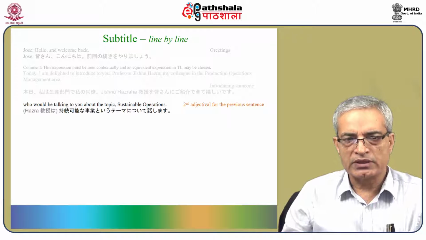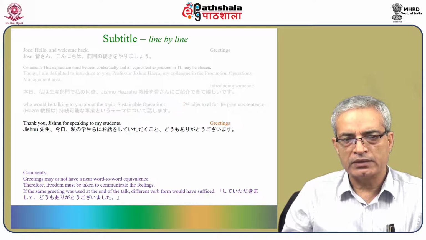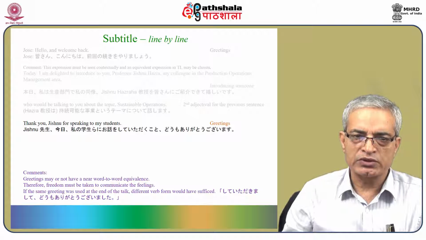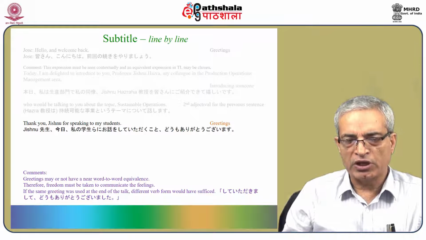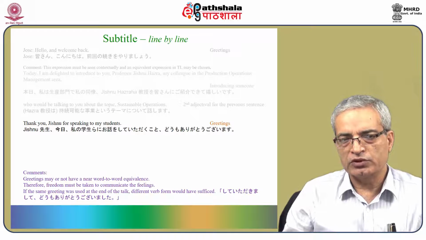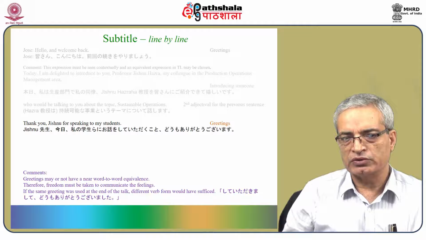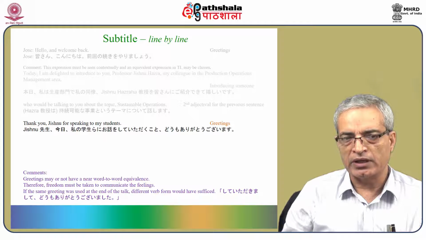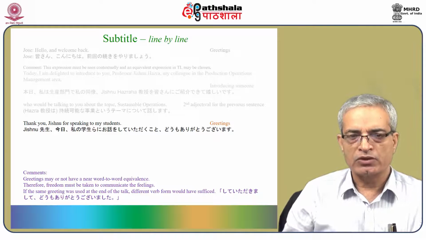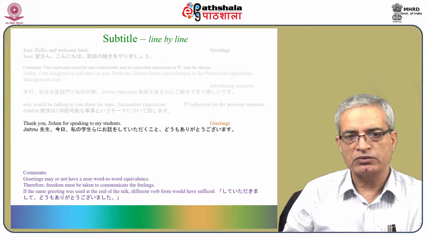So here this is the adjectival clause. And thank you, Jishnu, for speaking to my students. Well, in English people don't put title. For example, addressing Jishnu is not done, you call by name. In Japanese it's preferable to say Jishnu sensei. Kyo watashi no gakusei ra ni o hanashi o shite itadaku koto domo arigatou gozaimasu.